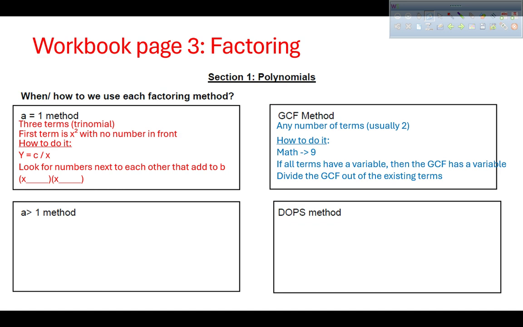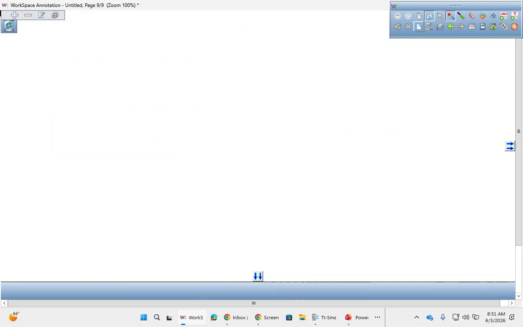So here's how we're going to do it. There's this button in your calculator, and some of you don't need the button in the calculator. You can do it by hand, but math arrow to the right 9 is going to help us get the GCF between our numbers. And then variables, if all of the terms have a variable, then the GCF has a variable. So in terms of numbers, we can use our calculator to get the number GCF.